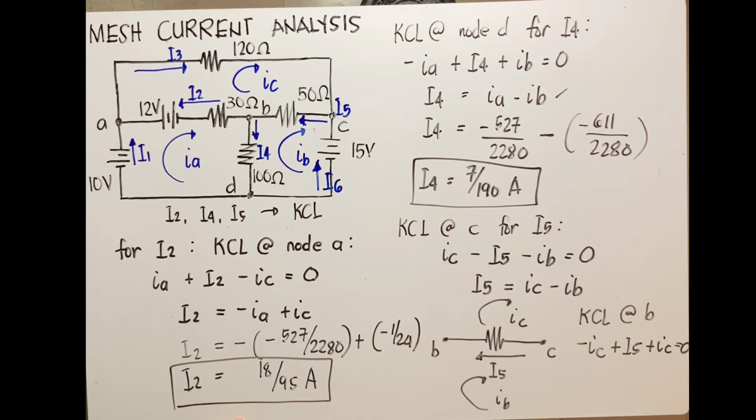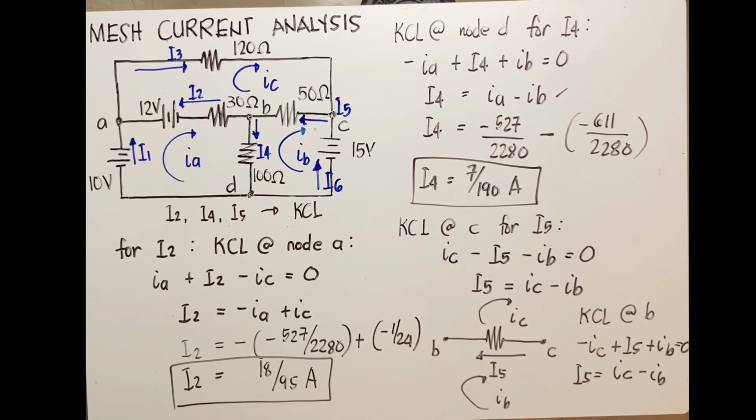So if you're going to notice, if I'm solving for I5, I5 will be equivalent to IC, positive, minus IB. And this is the same. So, kahit saan pala, pwede namang mag-KCL.